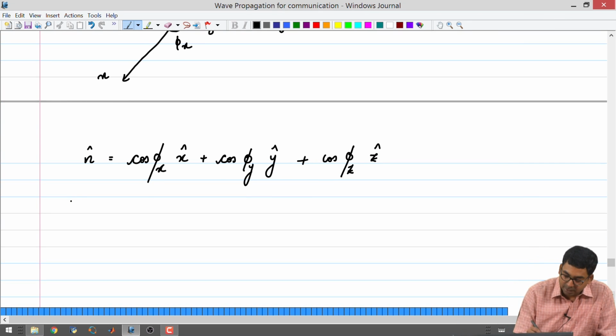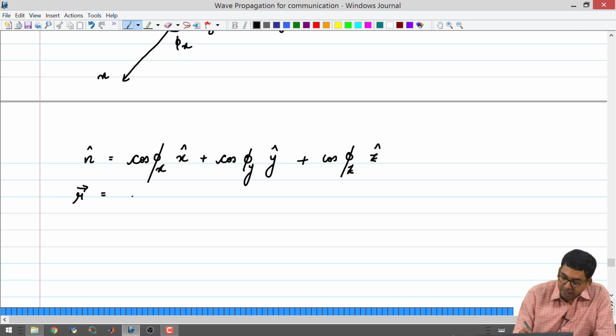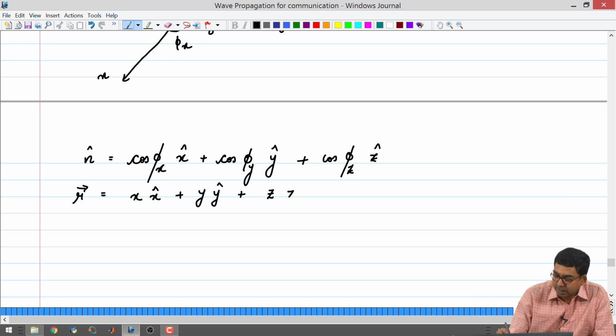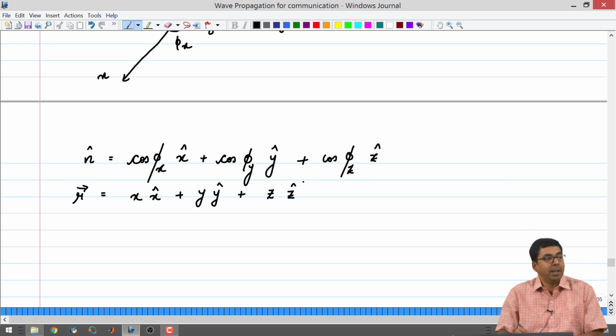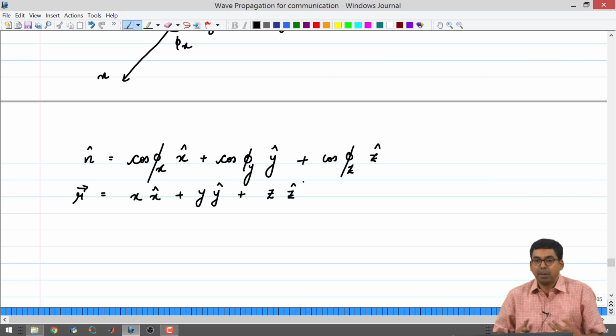So, you can always say that the r vector which describes the position you want to consider is simply given by x units in x direction, y units in y direction, z units in z direction. This is the only way we can describe it. Now, the objective of this exercise is to write down the electric field expression and the magnetic field expression. Once you have that, you can find out the power, etc.